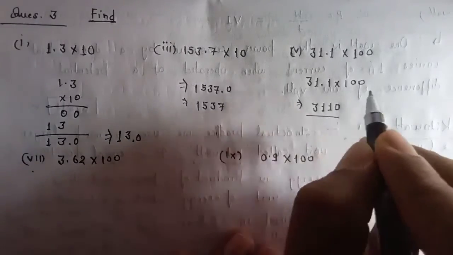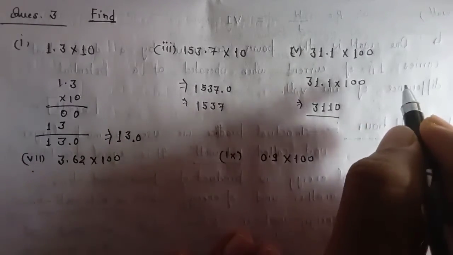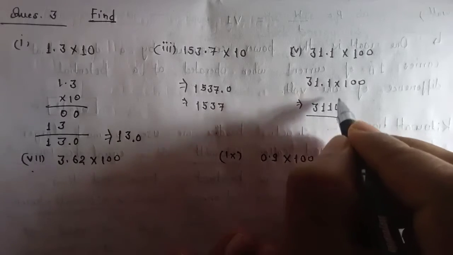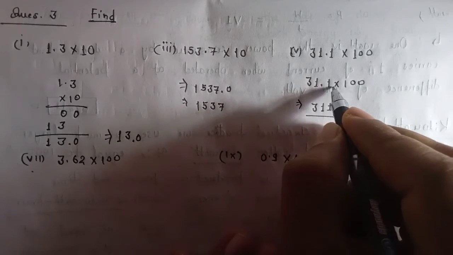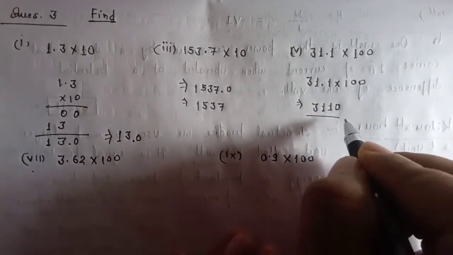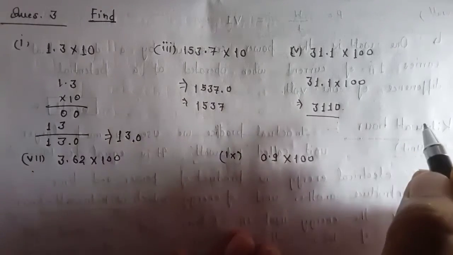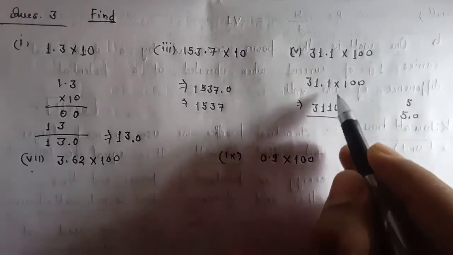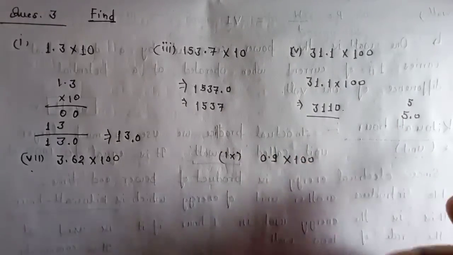You have to displace this decimal point to the right side, and for two places nothing is there. When we displace here, it becomes 311, and nothing is there, then you can consider 0 there, and the decimal point is here. Now you check this answer, multiply this in your copy, you will get the same answer.